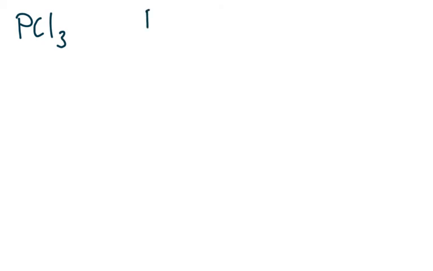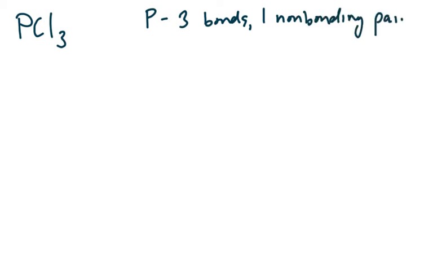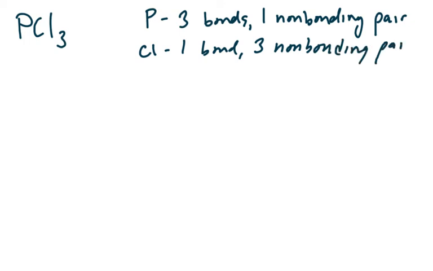If we look at phosphorus in the table, it should have 3 bonds, 1 non-bonding pair, and chlorine should have 1 bond and 3 non-bonding pairs. So this is our prediction. And we should be able to put it together to make that happen.